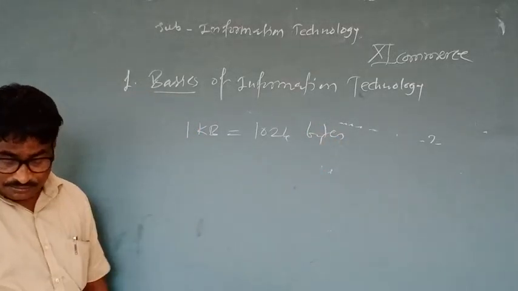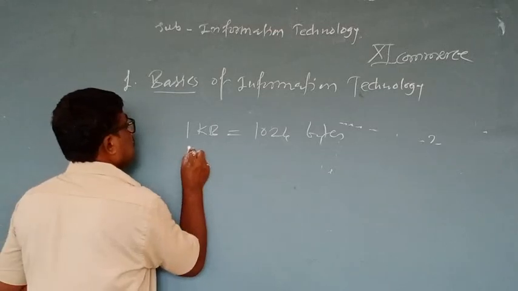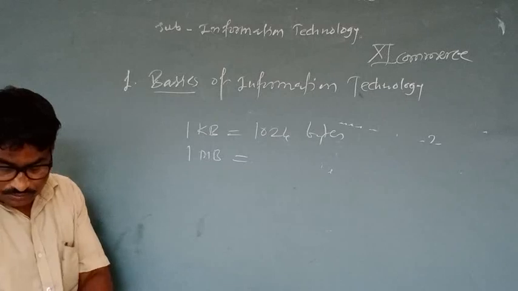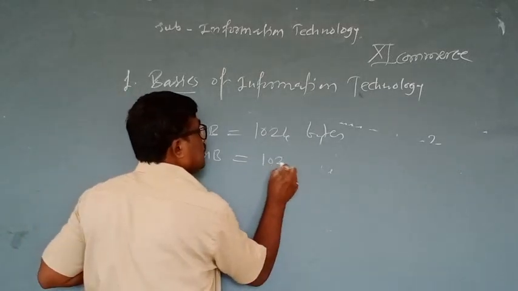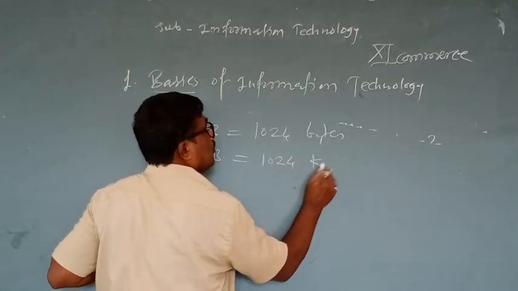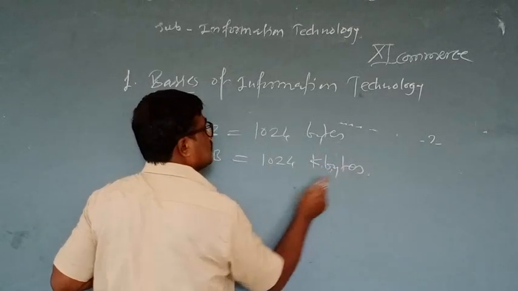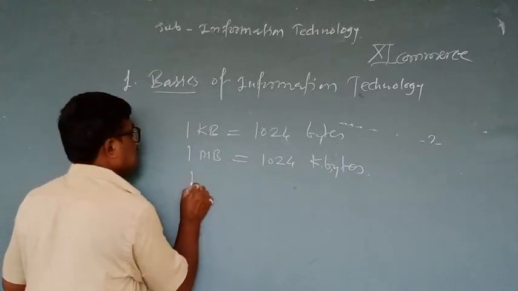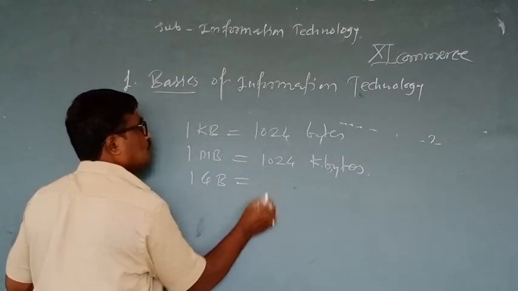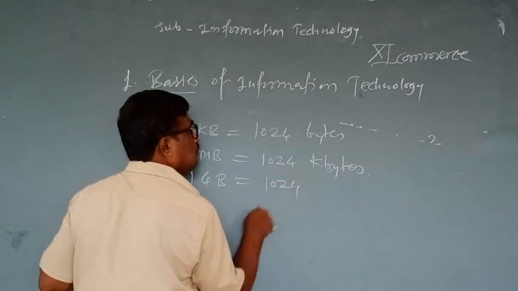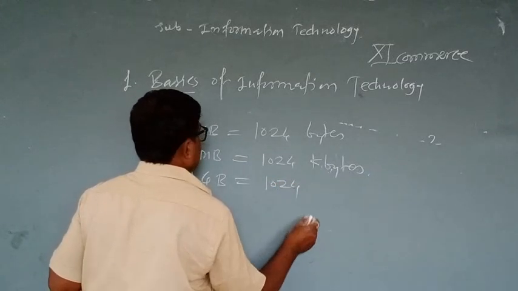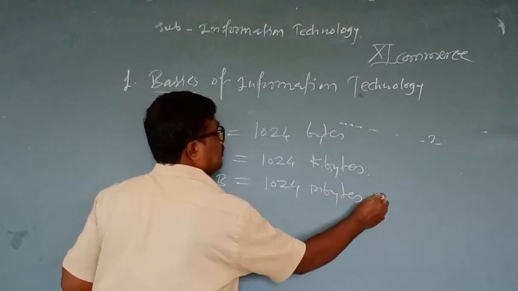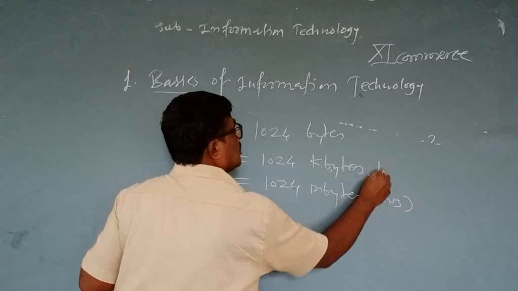Then 1 megabyte, 1 MB is equal to 1024 kilobytes. Okay. Then 1 gigabyte, GB, is equal to 1024 megabytes, MB.